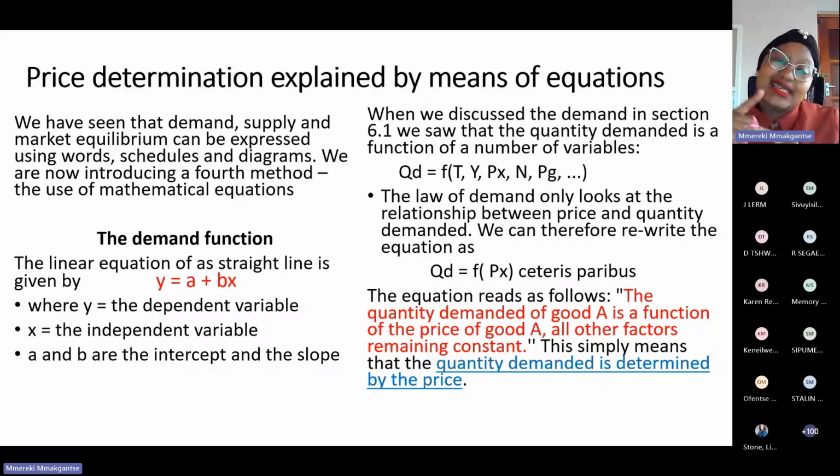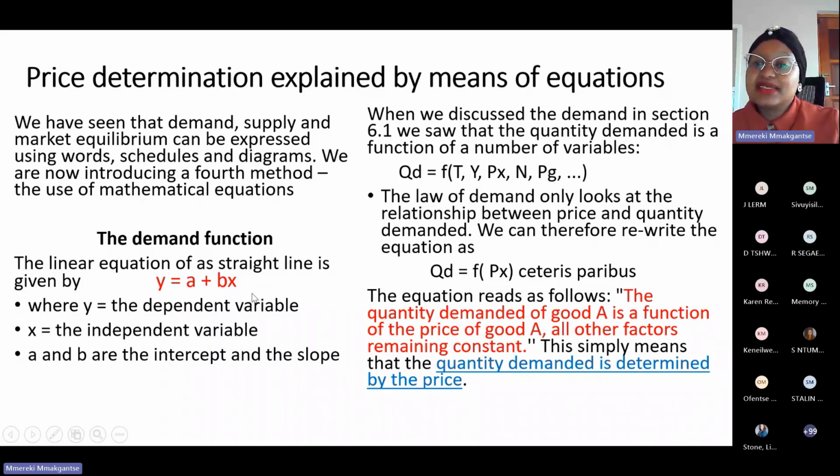Your parent is the independent variable because they don't change. You are changing: dependent variable, Y. Independent variable, X. A is the intercept and B is the slope.